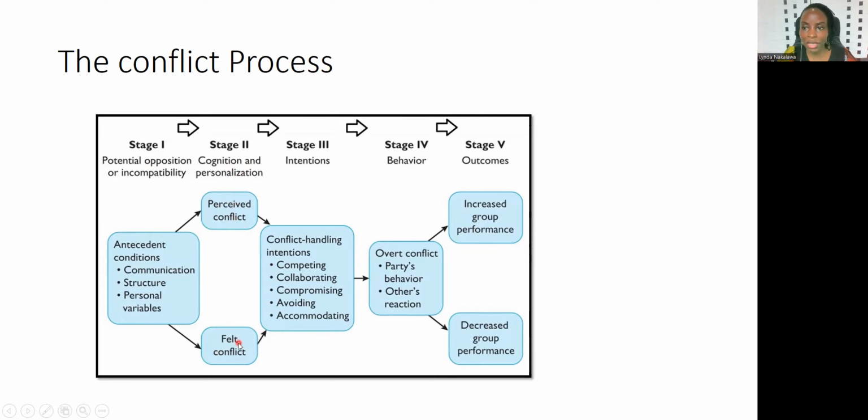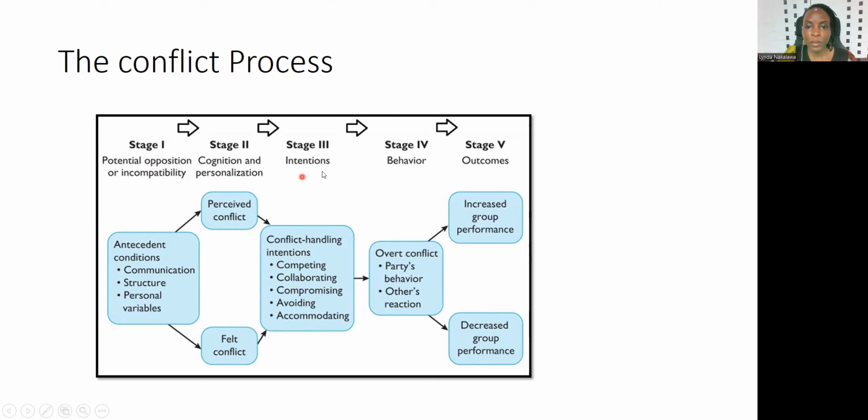And we are going to see what each of these mean in a little while. When we go to stage 3, we have intentions. And under that, we have the different conflict handling intentions that people might have. And these are the ones that we are looking at here. And we are going to look at them in more detail.